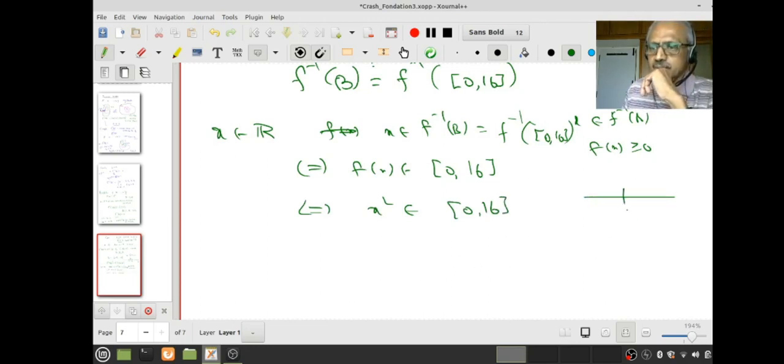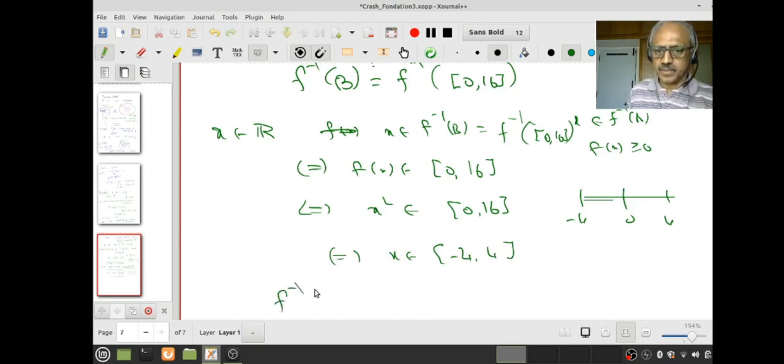So, if I take 0 to 4, and similarly I take -4, all of them will be there. You understand? If and only if x belongs to [-4, 4]. That is, f inverse of [-9, 16] is the same as the interval [-4, 4].